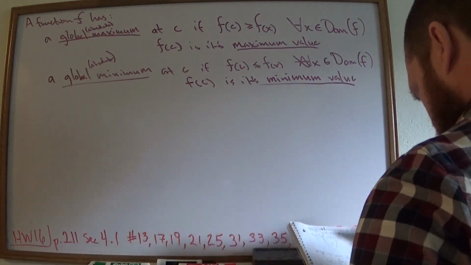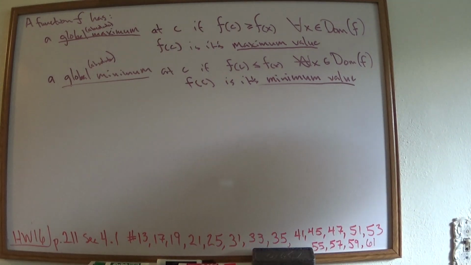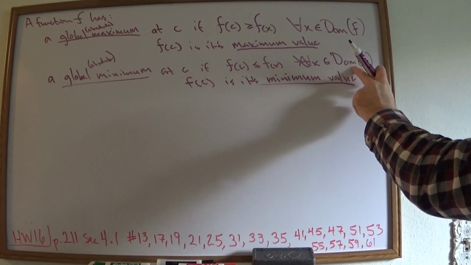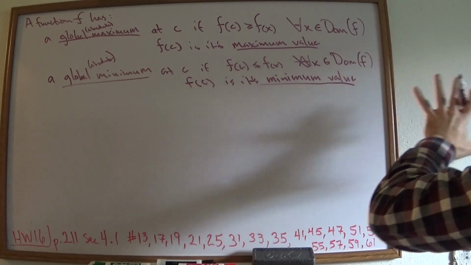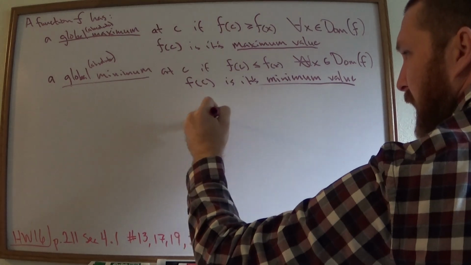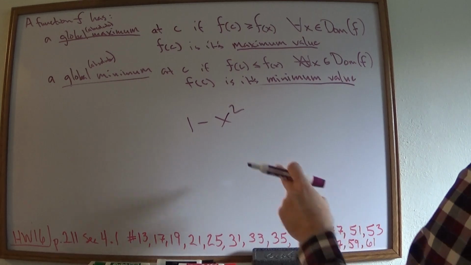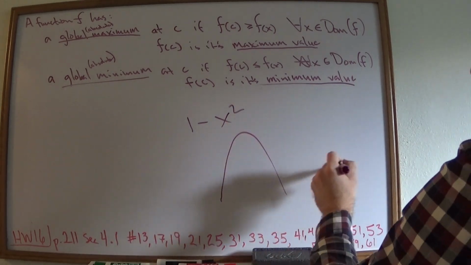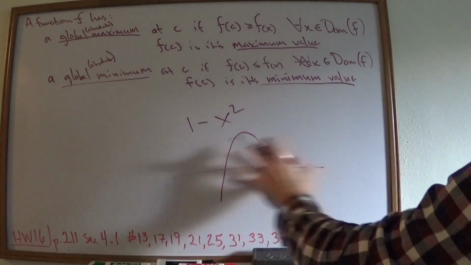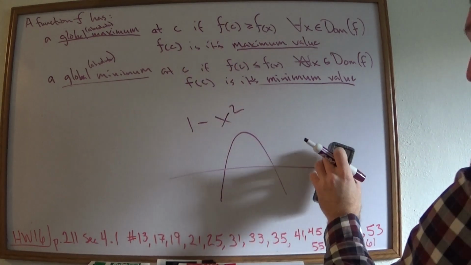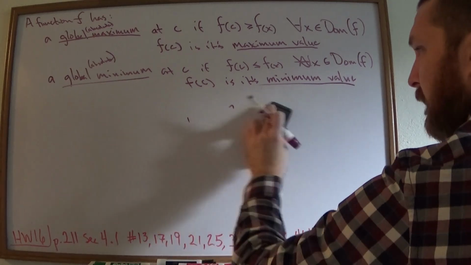And so I just want to say one more time, right? We'll say global or absolute if a domain is given. It might not be. For like 1 minus x squared, which is defined on all real numbers, it has only 1 maximum, and so yes, in its domain of all real numbers, it happens to be the global maximum here at 1.